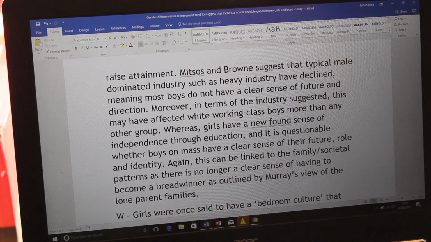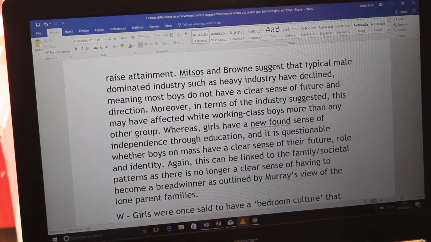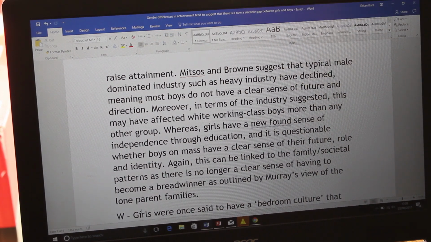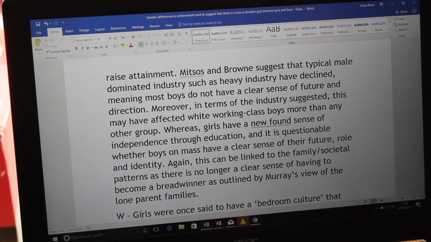So again, I looked at the theory and it seems to be more focused on working class boys, so I've outlined that in my essay. I'm showing that analytical skill there, that I understand what the theory is saying, but again, is it talking about boys as a whole, or is it talking about working class boys? Whereas girls have a newfound sense of independence through education, and it is questionable whether boys en masse have a clear sense of future, role and identity.